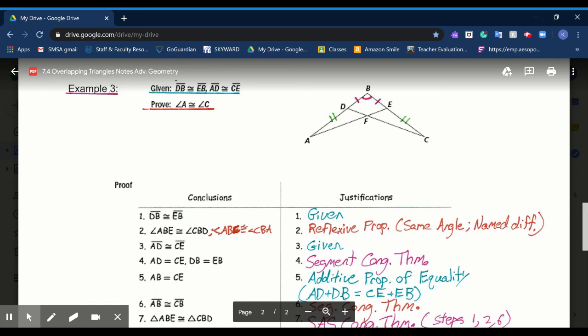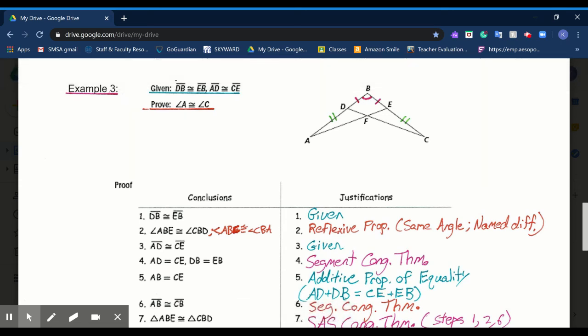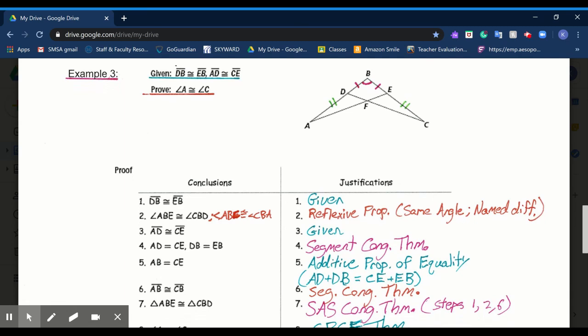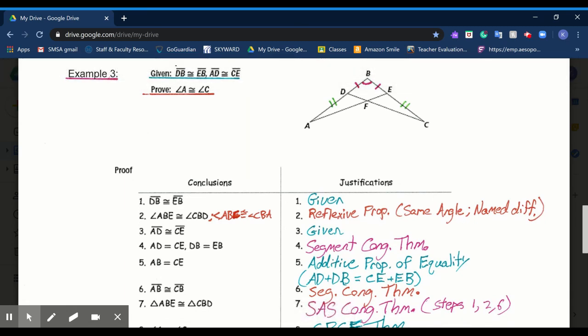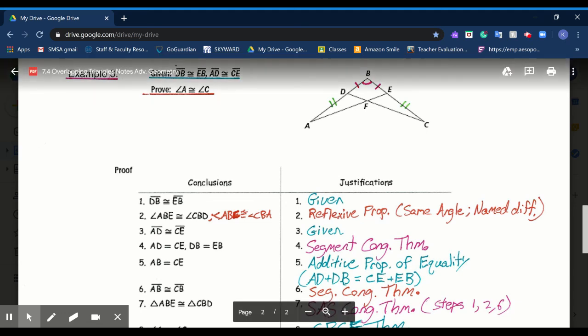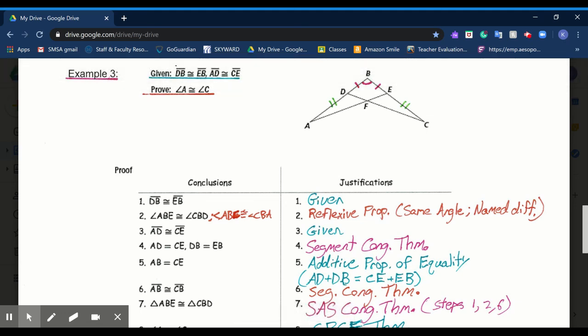Then they separated the given, so AD was congruent to CE. Then, based on the segment congruence theorem, anything that is congruent is also equal. So we could say, as they did, the distance AD was equal to CE and DB equal to EB.